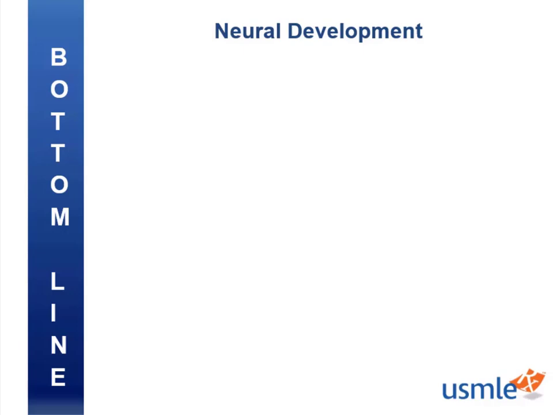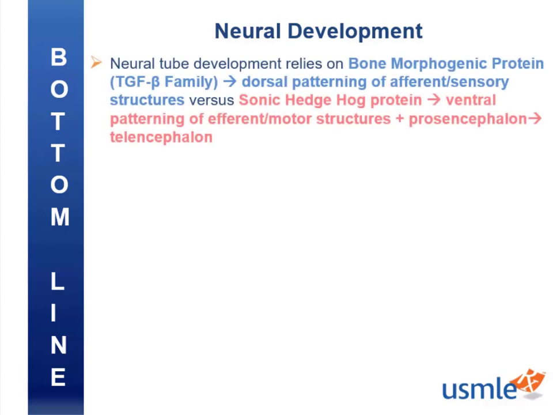Here are a few key takeaways I want to make sure you know for test day. Know that neural tube development relies on bone morphogenic protein, which is in the TGF-beta family of signaling molecules for dorsal patterning of afferent sensory structures. In contrast, the Sonic the Hedgehog protein directs ventral patterning of efferent motor structures.